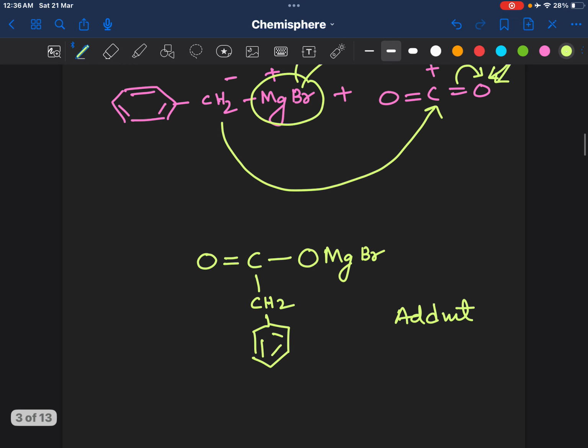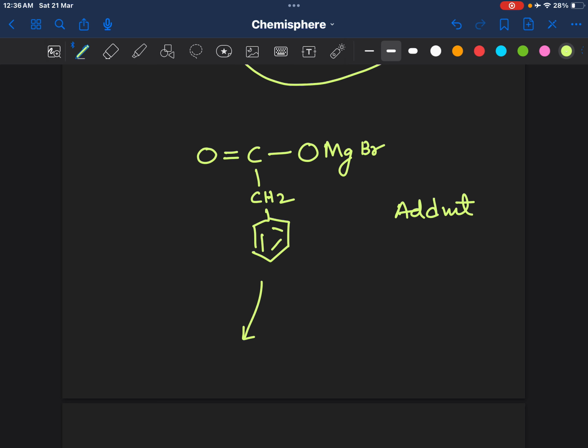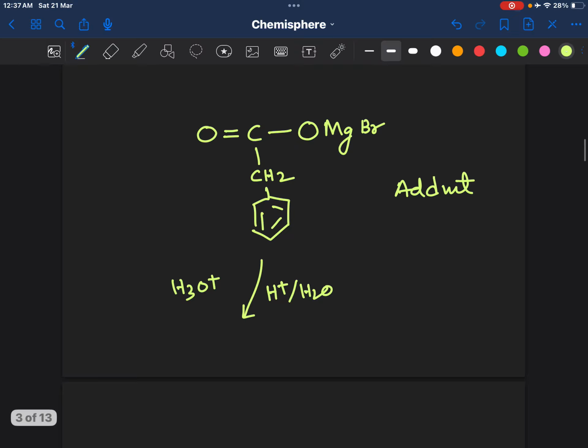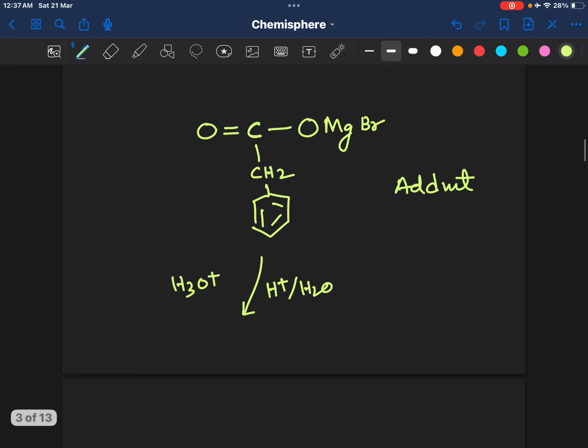Okay, now next is the acidic hydrolysis, H plus H2O, or you can simply write H3O plus. Whenever acidic hydrolysis happens, the adduct gets converted into the corresponding carboxylic acid.